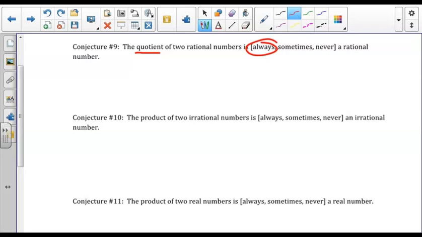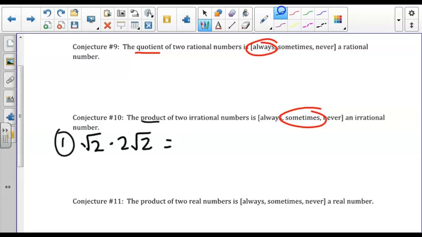In conjecture 10, we are asked to find if the product of two irrational numbers is always, sometimes, or never an irrational number. So this is actually sometimes true because we can provide a counterexample. And the counterexample we can provide is if we take the square root of 2, which is irrational, and multiply it by 2 root 2. We are going to get 2 root 4. And we know that the square root of 4 is 2.